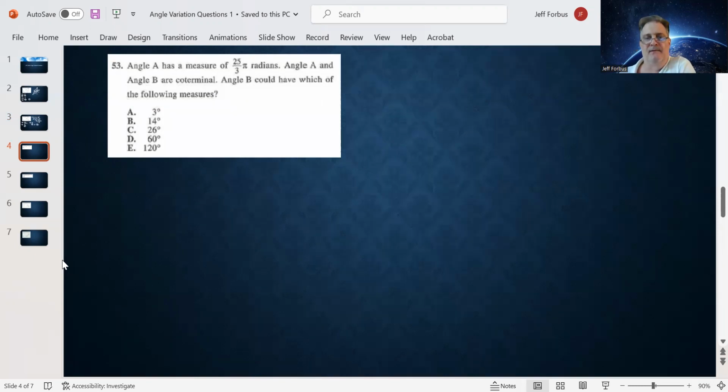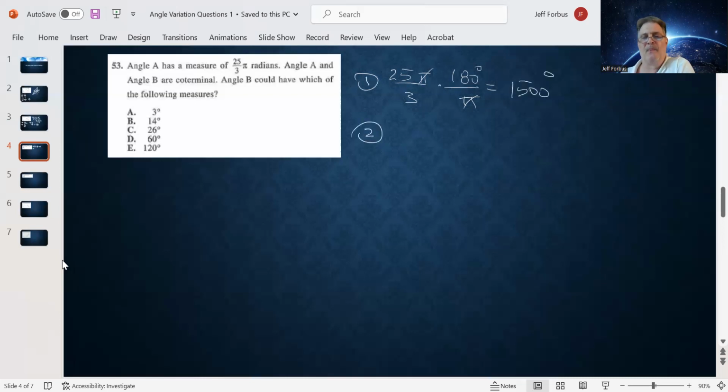With that in mind, the first thing we're going to do is take 25/3 pi radians, and we're going to convert it to degrees by multiplying it by 180 over pi. The pi and the pi cancel. 25 times 180 divided by 3 gives us 1500 degrees.